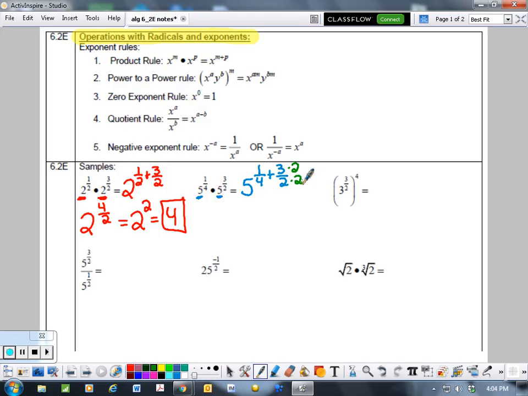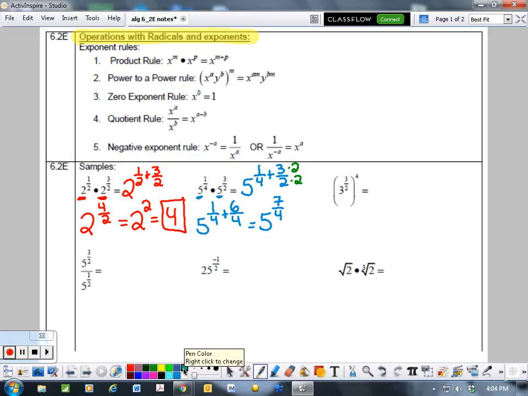So now this becomes 5 to the 1/4 power plus 6/4. And now I can add those together. So this becomes 5 to the 7/4 power. And so now I can go ahead and start doing some stuff that I had talked about before. I could look at this several different ways.